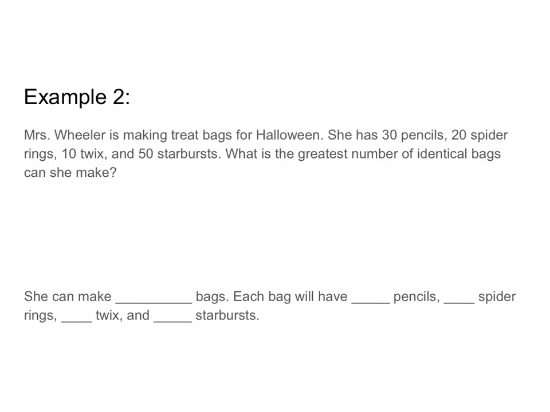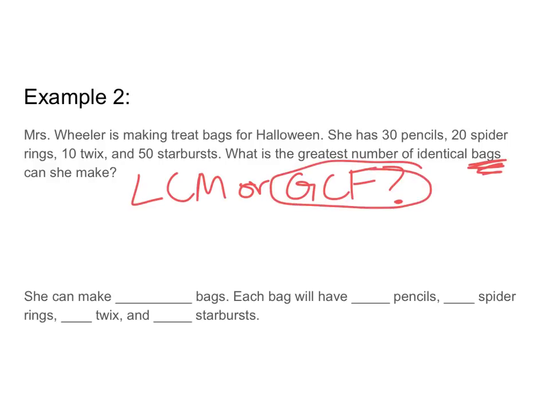So pause for a moment and think, which type of problem is this? Is this an LCM or a GCF? So since this problem is talking about taking a big number of things and breaking them up into groups in the form of bags, this is a GCF problem.